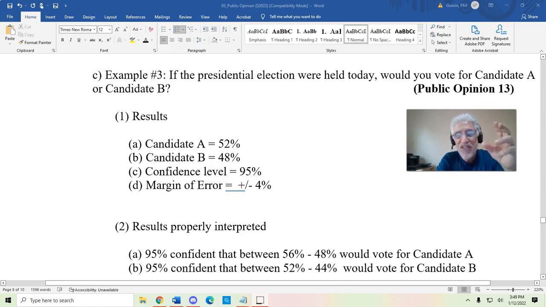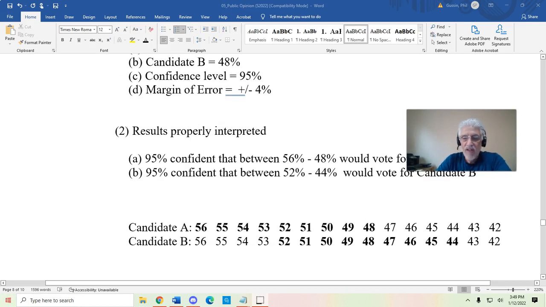Well, if you said, I don't know, then you're right. Because based on this poll, there's no way to make that determination. And let me show you why. These are the possible outcomes for candidates A and candidate B. The possible outcomes for candidate A were between 56% and 48%.